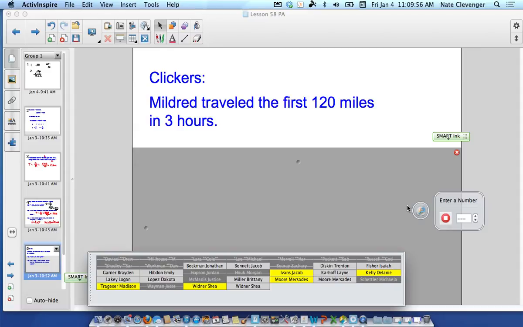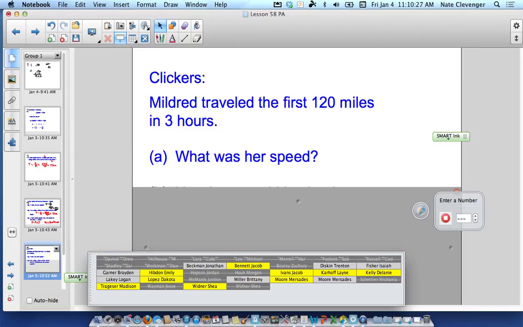You won't be able to. They just have it for numbers. We're supposed to do the rate thing for this. There would need to be a question to that. What was her speed? So what's her rate?